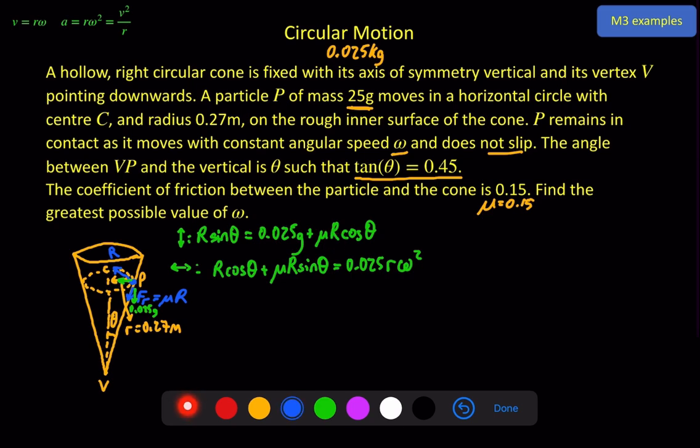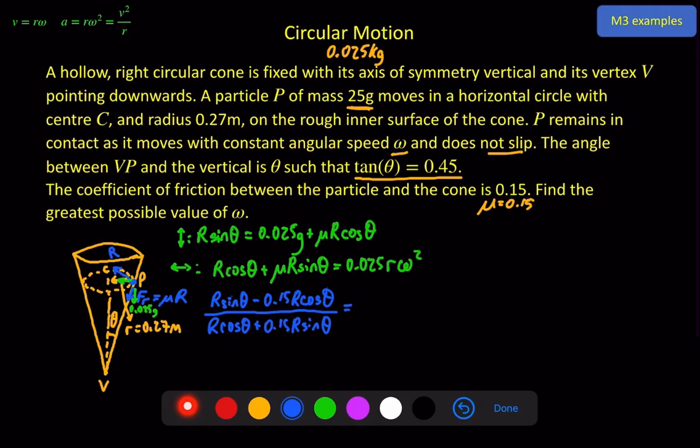So if I rewrite that, let's have R sine theta minus mu, which I know is 0.15, R cos theta, divided by the left-hand side of the second equation, R cos theta plus 0.15 R sine theta.